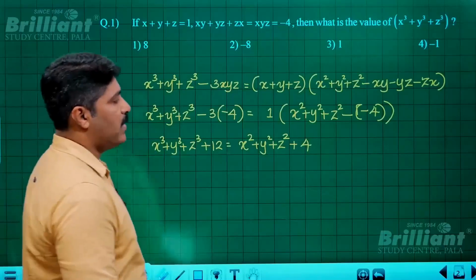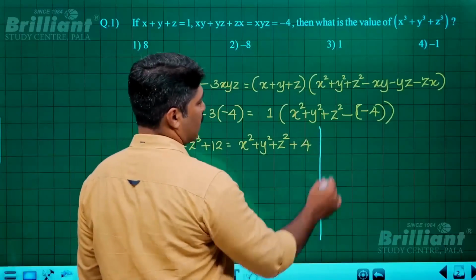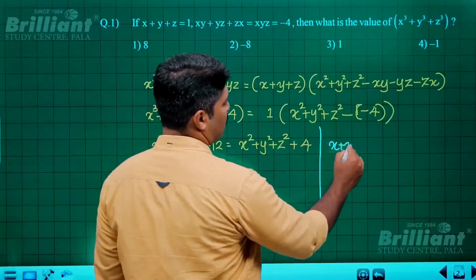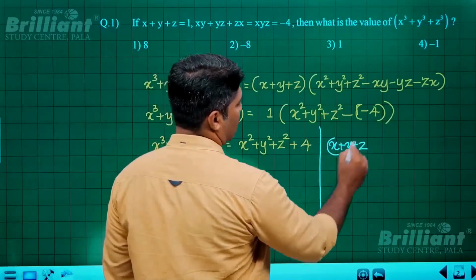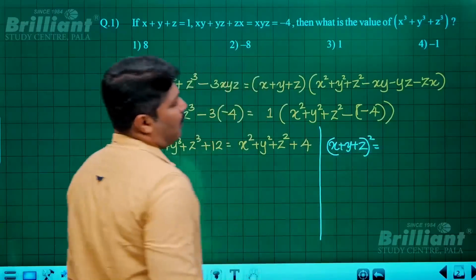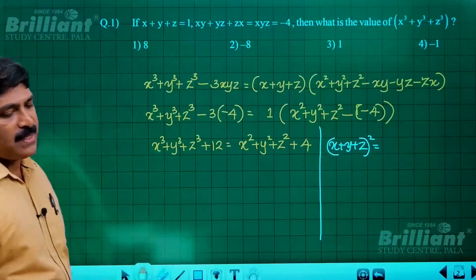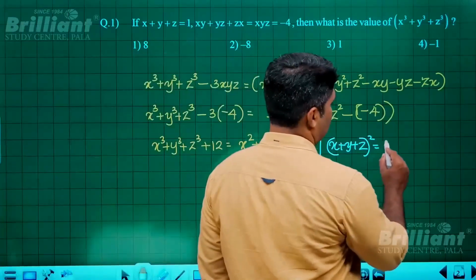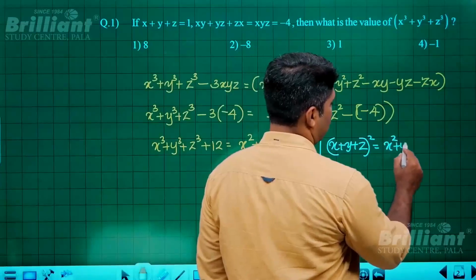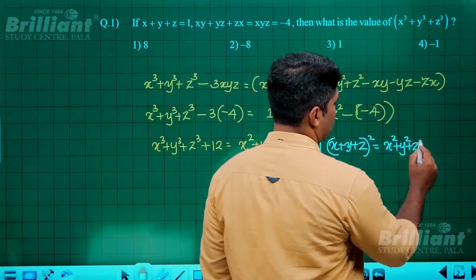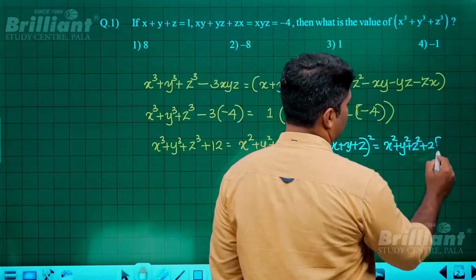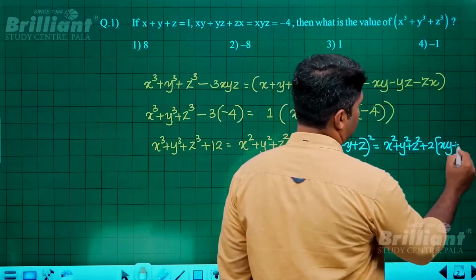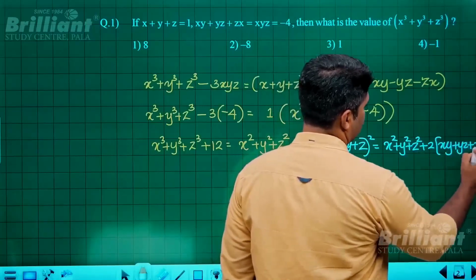So you just consider the expansion of x plus y plus z the whole square. What is the value of x plus y plus z the whole square? That is equal to x square plus y square plus z square plus 2 into xy plus yz plus zx.